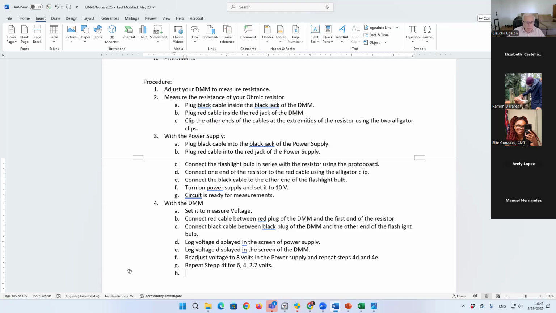Okay, switch polarities of the power supply and repeat the steps.